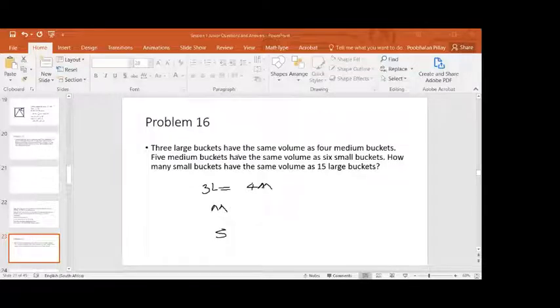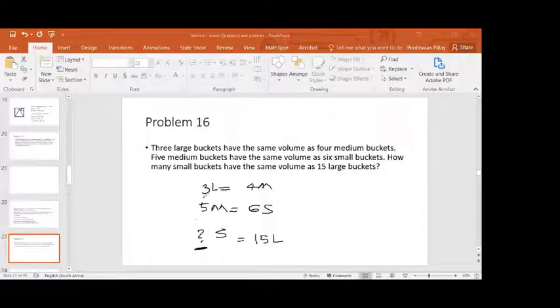Then they say 5 medium buckets, 5M, is the same as 6 small, 6S. And the question is, how many small buckets have the same volume as 15L? So we want to know what that is.